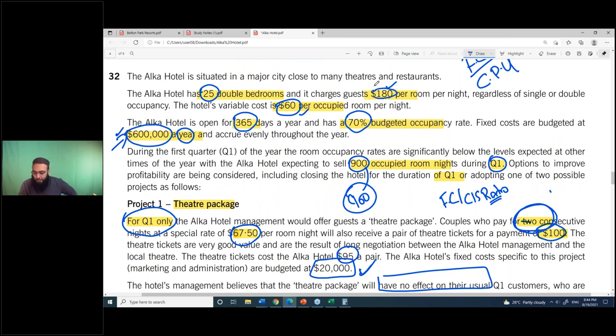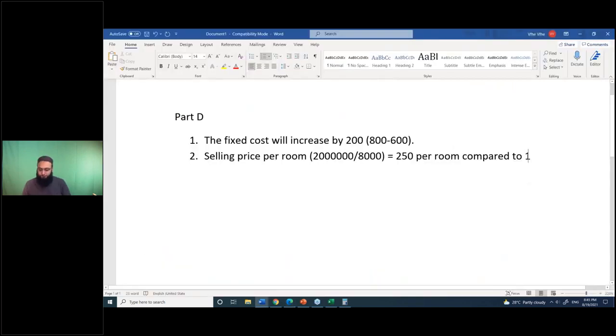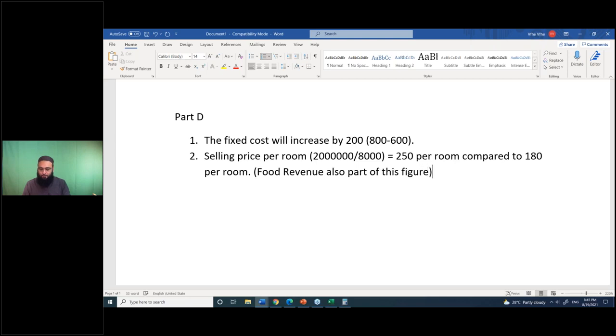Compared to 180 per room, which is clearly showing you an increase in the selling price. And this is just because of what? Obviously, it's because of the restaurant and food. Food revenue is also part of this now. Okay, clear? Perfect. So that's easy, simple to understand without any issue, right?